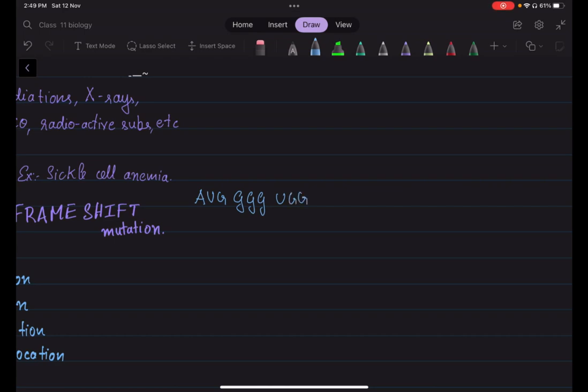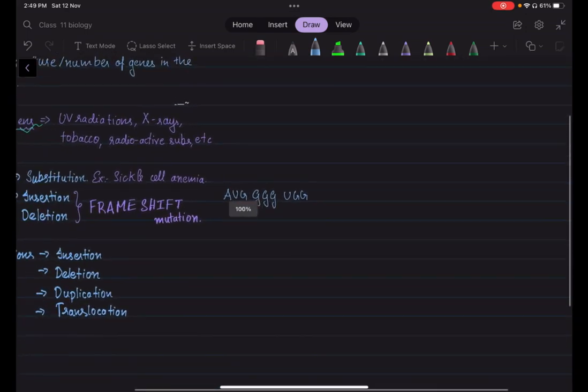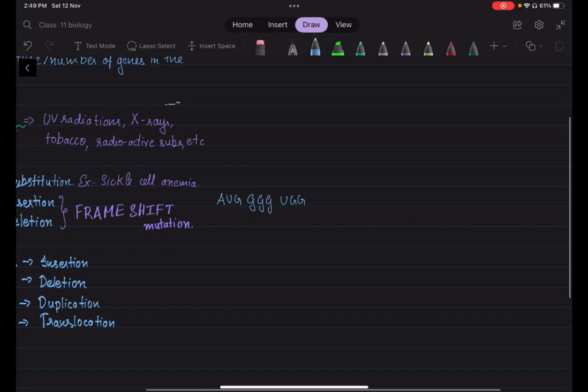Let us say this is our genetic code. Now let us insert a U over here. Before inserting a U over here, this will be read as AUG, GGG, and then UGG.